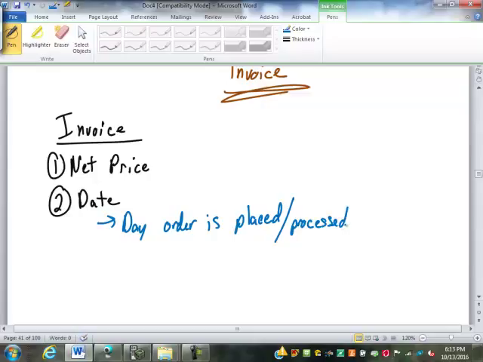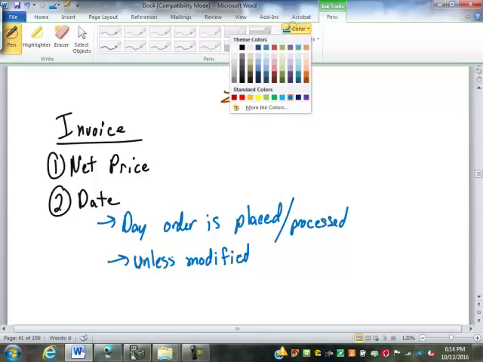The reason I say that is a lot of times you see signs on buildings, especially banks, deposits made after 4 p.m. or 3 p.m. are not processed till the next day, or orders after this date are not processed. That is usually the invoice date, unless it is modified. And we'll talk about modifying invoice dates later on tonight.